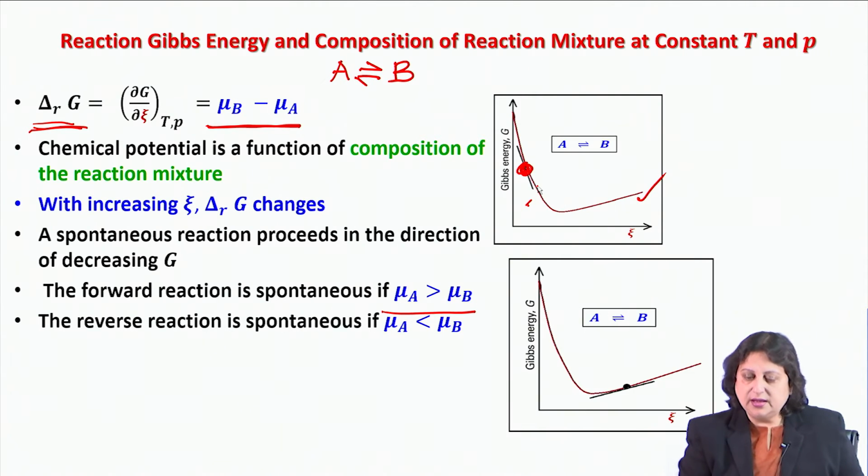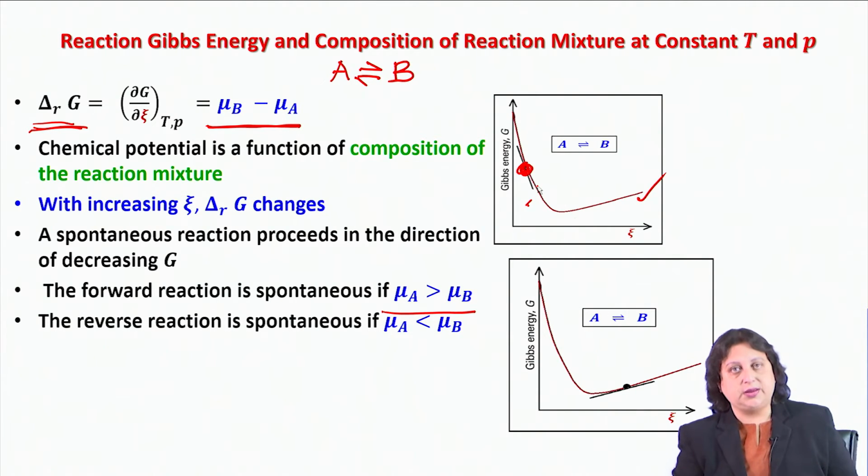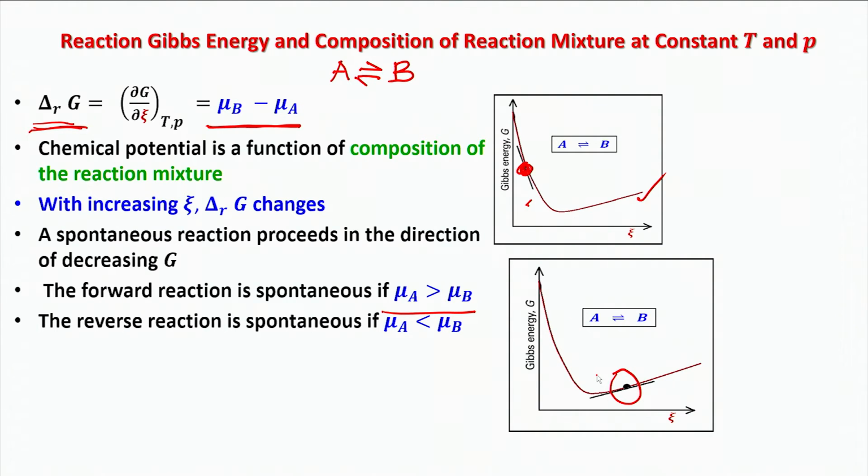Now, if I think about the other extreme, where in this region the slope is positive. When can the slope be positive? I understand that the slope is positive when mu B is greater than mu A, or in other words, mu A is less than mu B. So, under such a condition, do you think that the forward reaction would be spontaneous? Of course not.